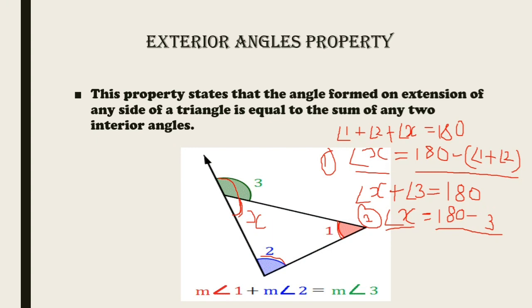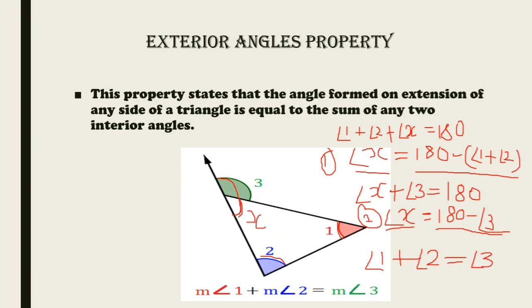So from this, what we get is that angle 1 plus angle 2 is equal to angle 3.